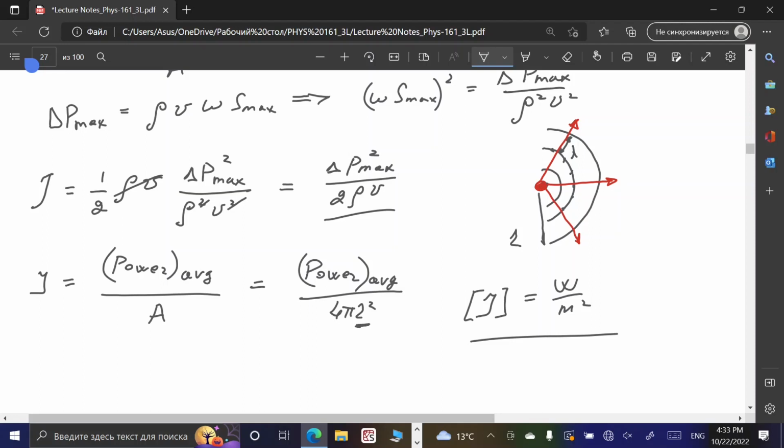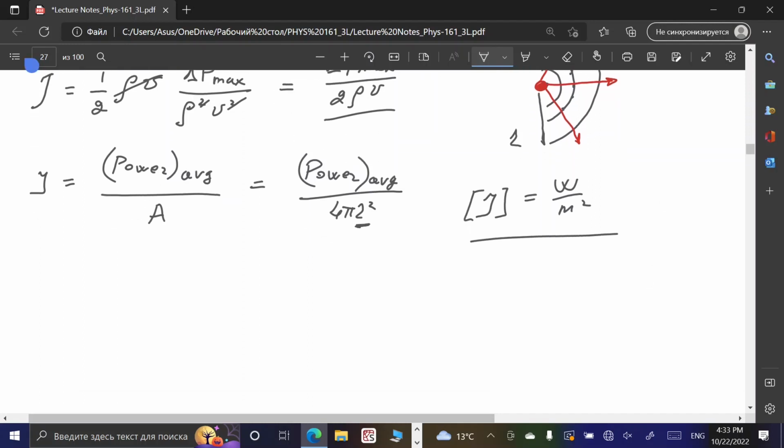So the thing is that there is a very broad range of sound intensities which can be detected by the human ear. There is such a term as threshold hearing level, which is determined at 1000 hertz, and that is I naught, 10 to minus 12 watts per meter square at 1000 hertz.